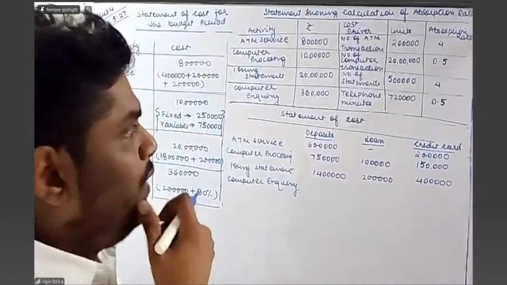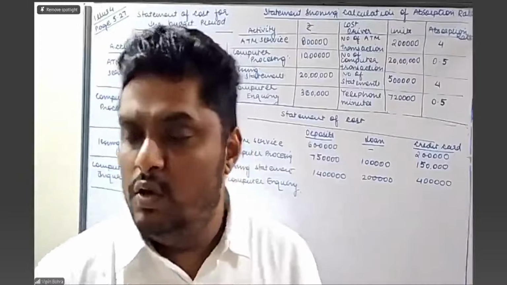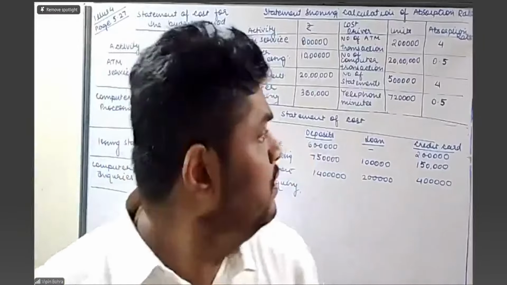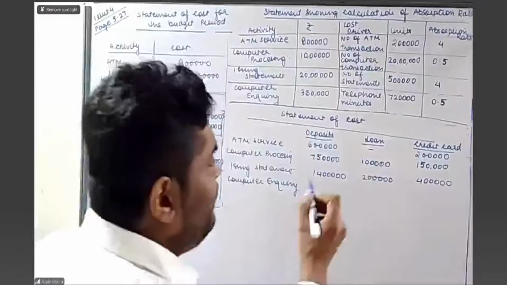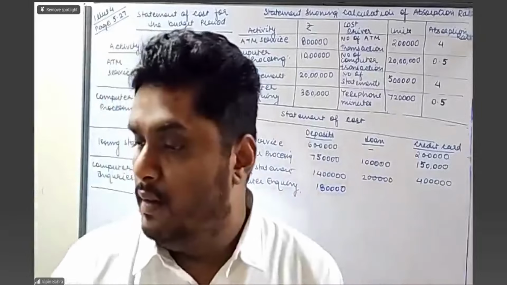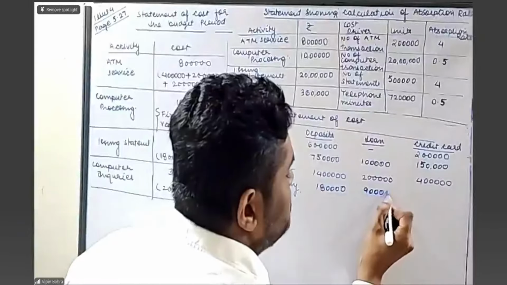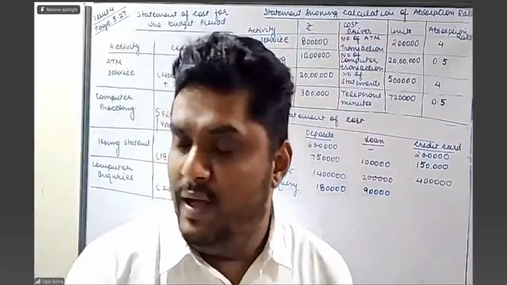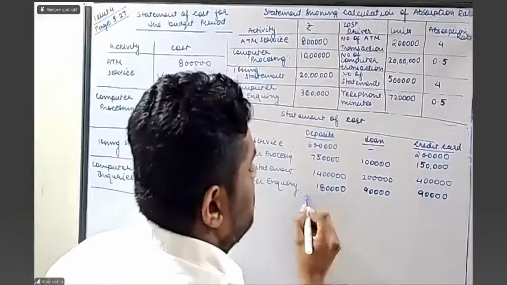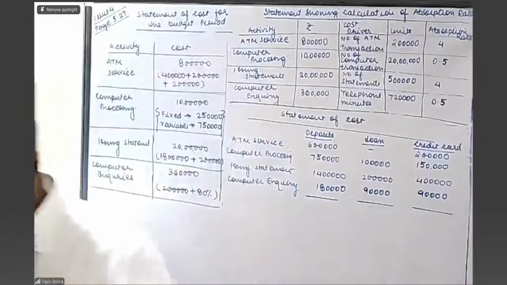Next is computer inquiry. Depending upon telephone minutes, it is 0.5 per minute. So 360 into 0.5, this will be 1,80,000. 1,80,000 into 0.5, this will be 90,000. 180 into 0.5, this will also be 90,000. So we are done with the calculation of total cost.